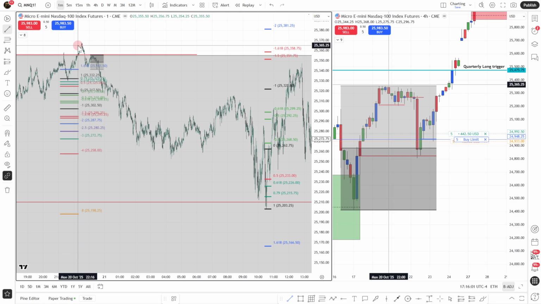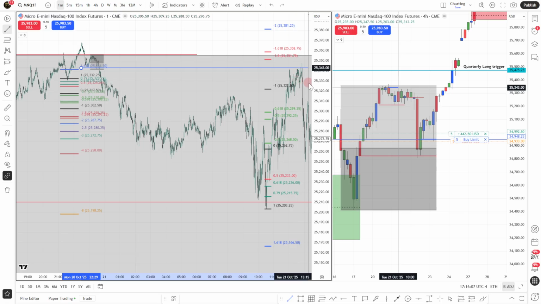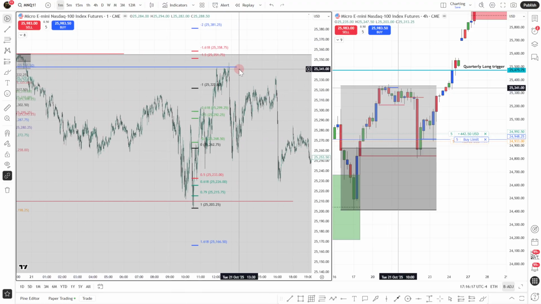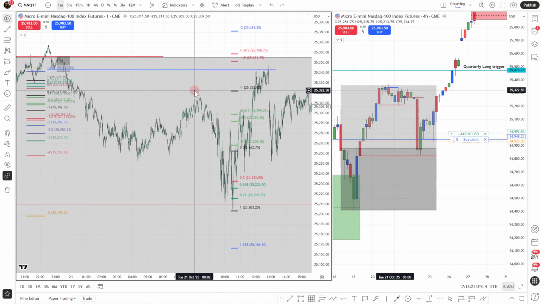So if this was my initial short and price is going to stay short on the higher time frame, then price rebalances back up into that initial range we fibbed, and we get the reaction off of that. So that kind of doesn't fall.